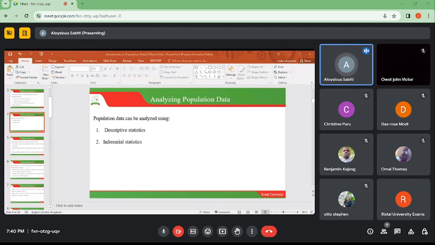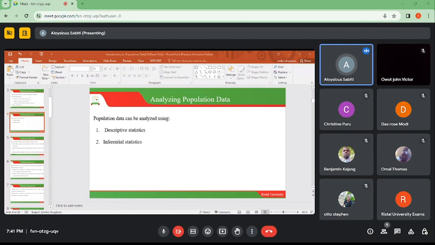And the measures for descriptive statistics include a measure of central tendency. When we're talking about central tendencies, we are looking at measures such as mean, median, and mode.